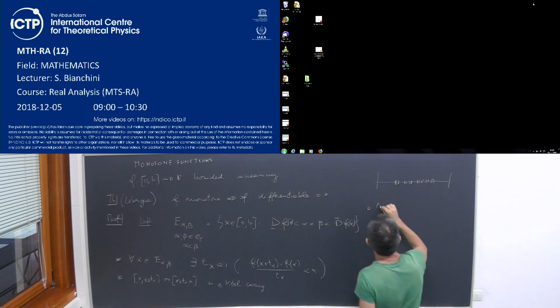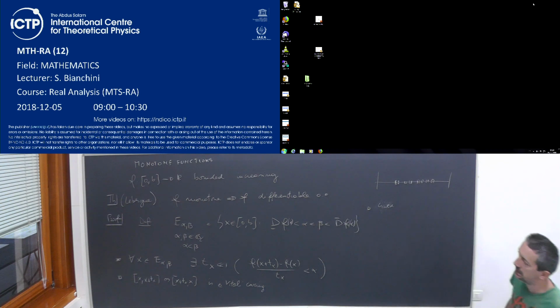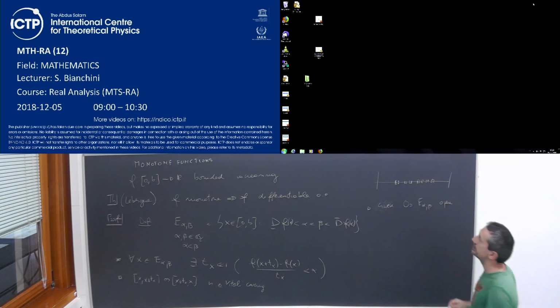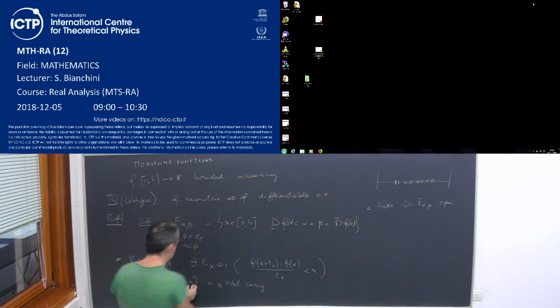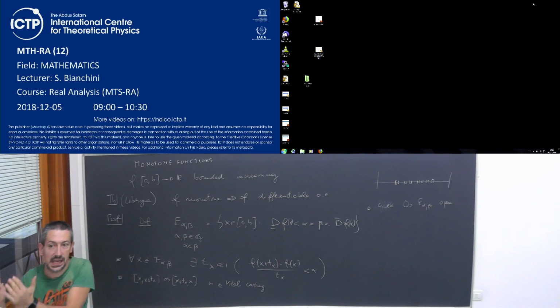So we apply, let's say, given an open set O containing E_alpha,beta, I can certainly require these intervals to be inside this open set, because we also use this in the Vitali covering when we have to estimate what is left.